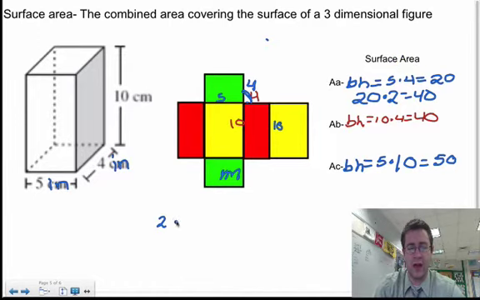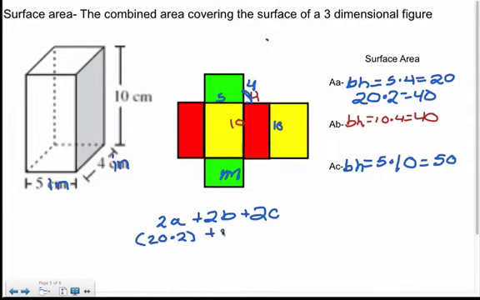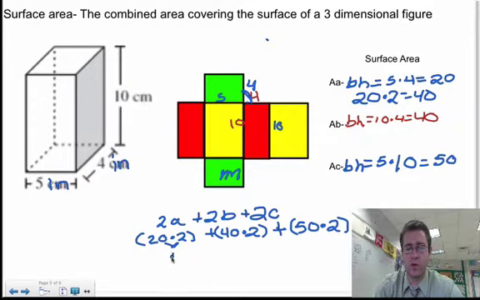So we got 2a plus 2b plus 2c. Now I already did a, but I'm going to show you how it works. We got 20 times 2. Now simplified, you get 40.